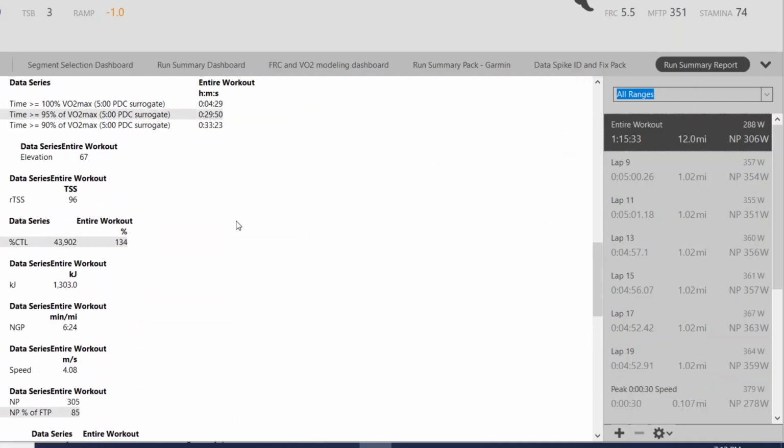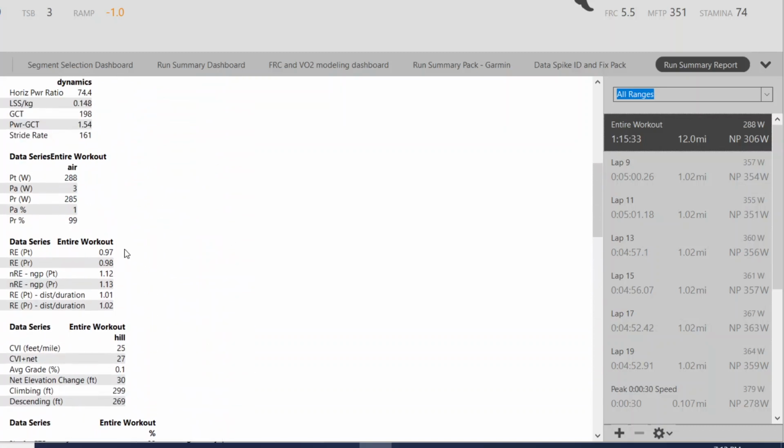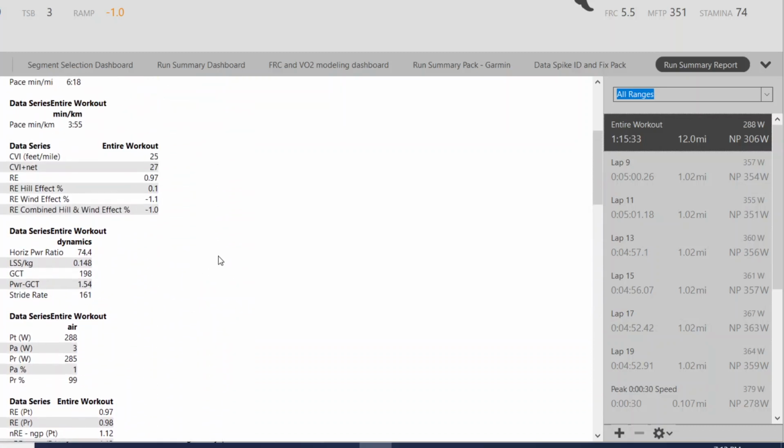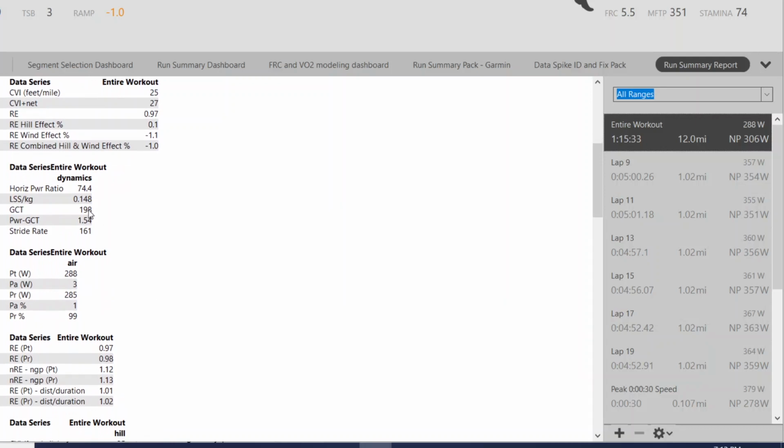Why? Because I don't need it. I have horizontal power ratio. That tells me all I need to know about that athlete's power vector, so to speak, how their power is being distributed to the horizontal movement of the athlete.